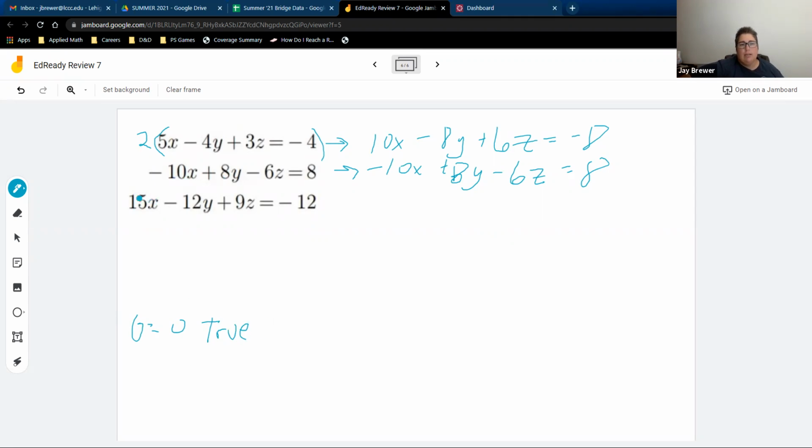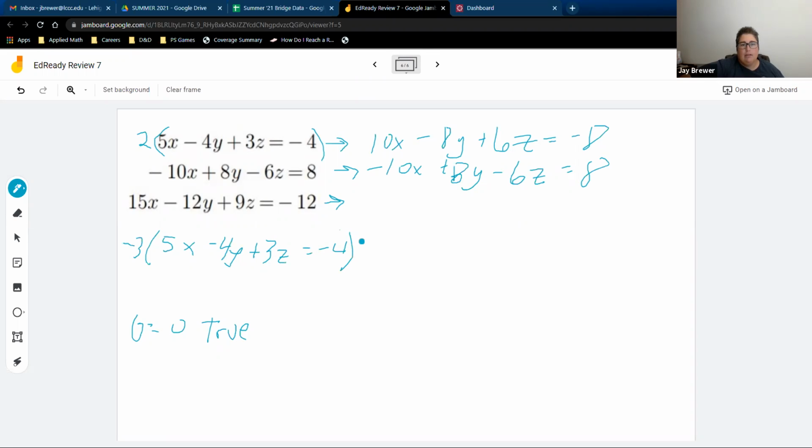So let's check this one. If we want to get to a 9z, we would have to multiply the top equation by 3. Actually, -3, right? Because we want to be able to cancel it out. So we're going to take -3 times 5x minus 4y plus 3z equals -4.